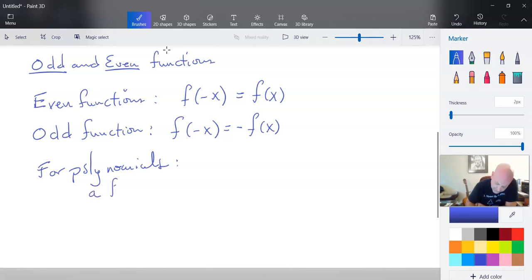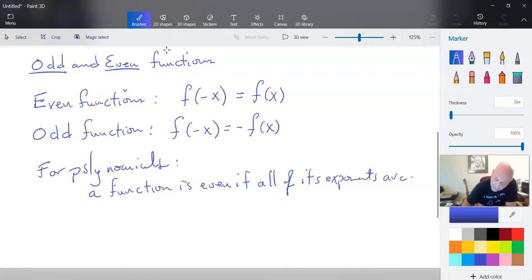a function is even if all of its exponents are even. It's actually why they call them even and odd functions.